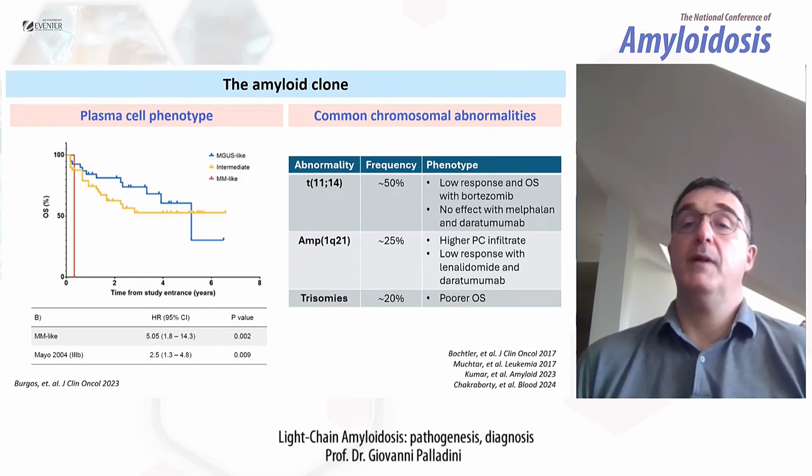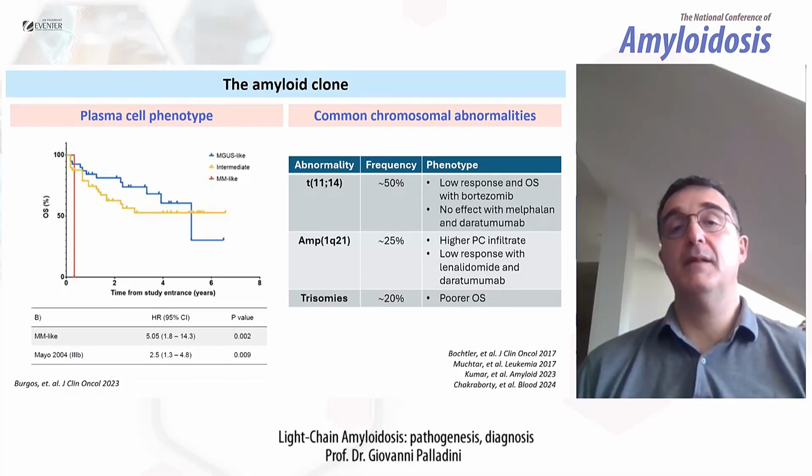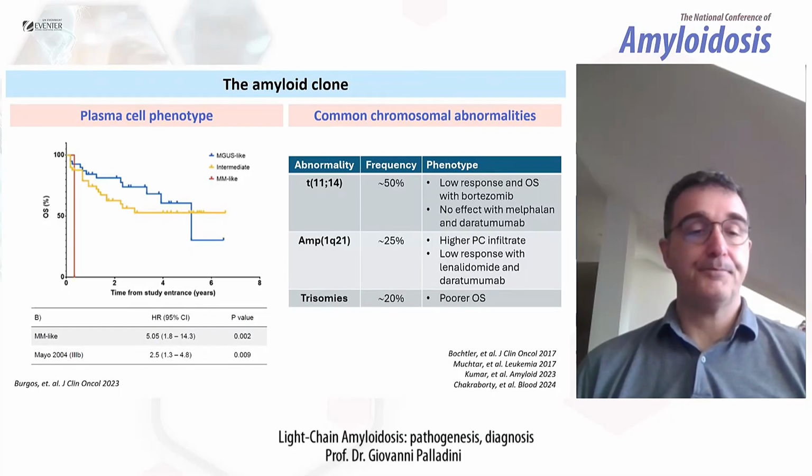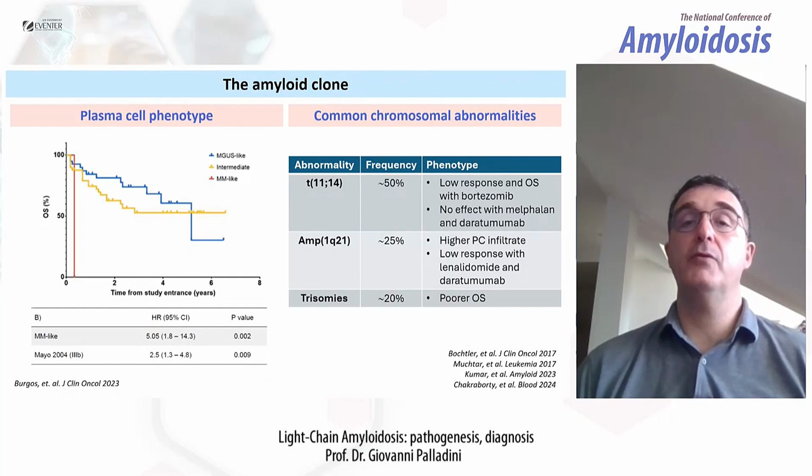So now that we have data, as you will hear from Professor Kastritis, the importance of this translocation frontline is lower, but this translocation is also indicating that the cells are dependent on BCL2. So the presence of this translocation, as you will hear, is telling you that the patients may respond to BCL2 inhibitors. So this is why we know we need to have this information from the beginning.